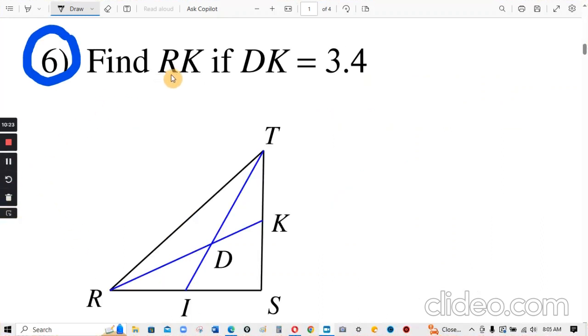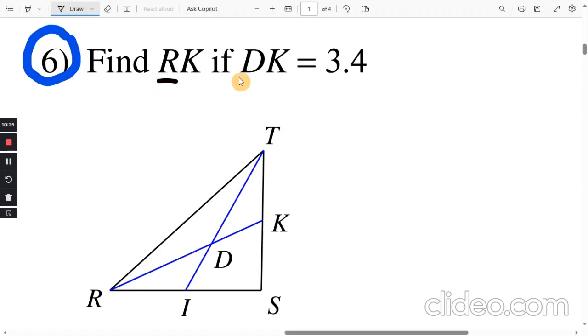All right, number 6, they want us to find RK if DK is 3.4. So if you look at DK, that goes from the centroid to the midpoint. All right, and we had a formula for that too.